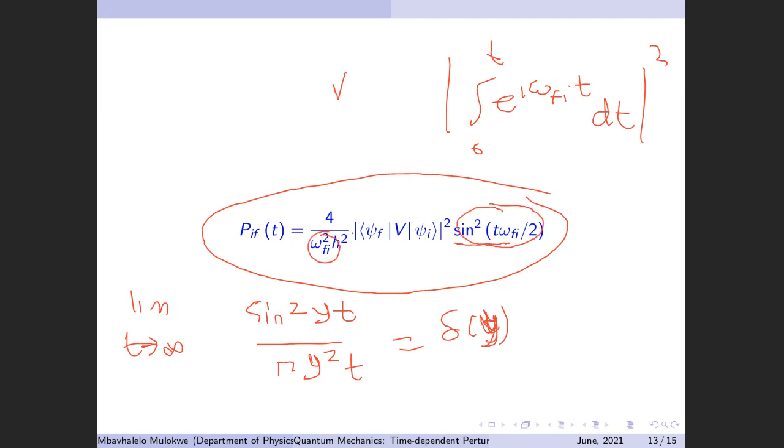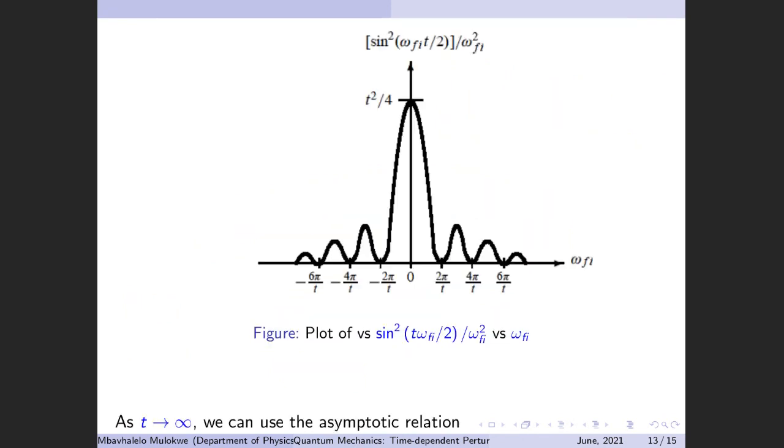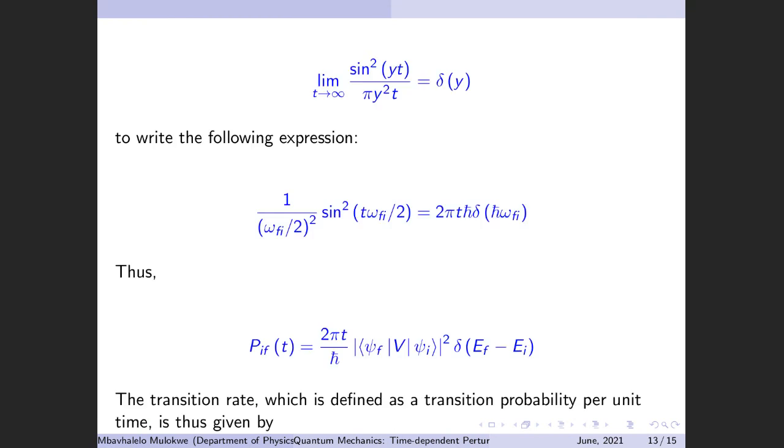But before that, you can try to plot this function. And then in the limit as t goes to infinity, you make use of this identity and write everything in terms of a Dirac delta function. So in the limit as t goes to infinity, this is what you get.